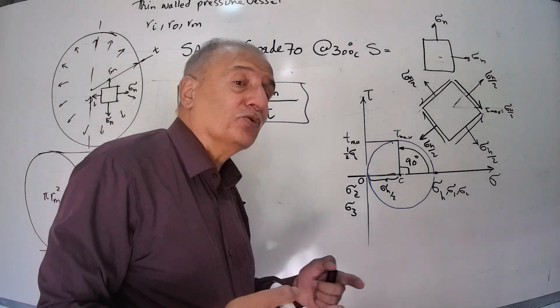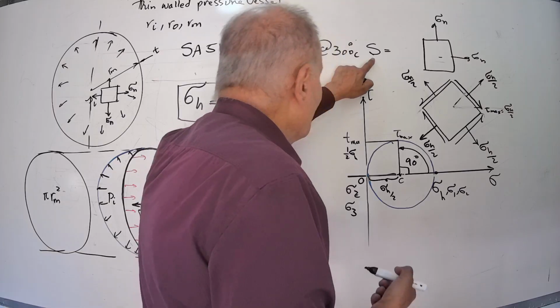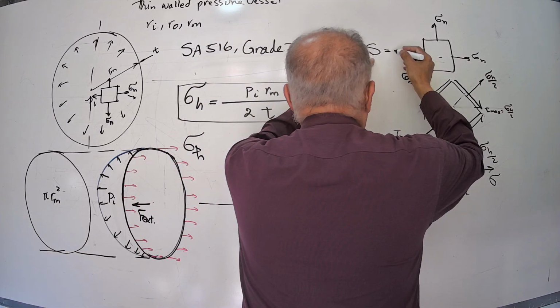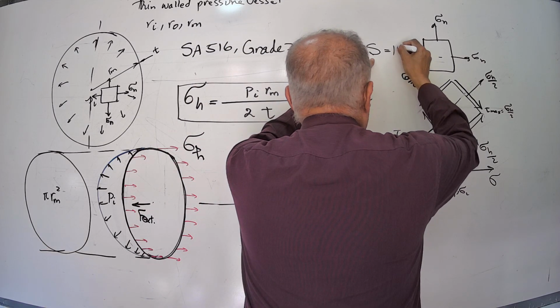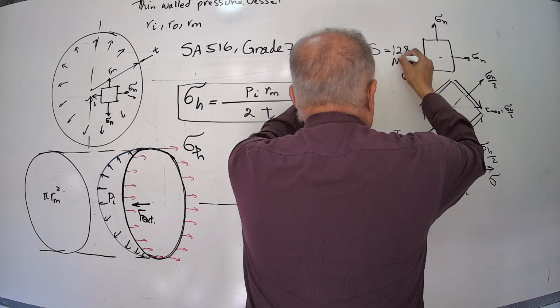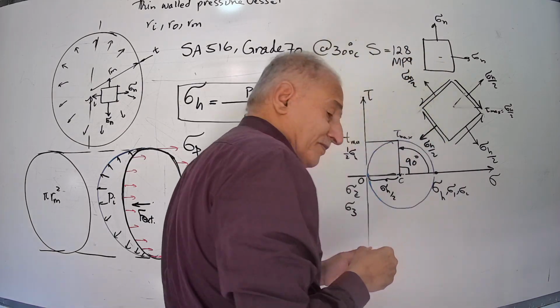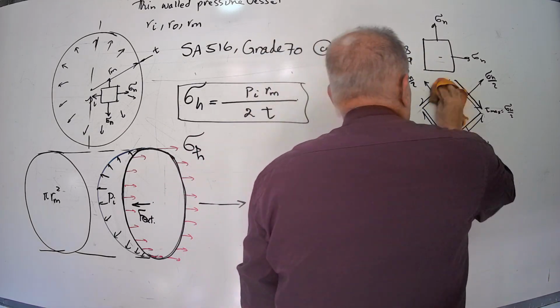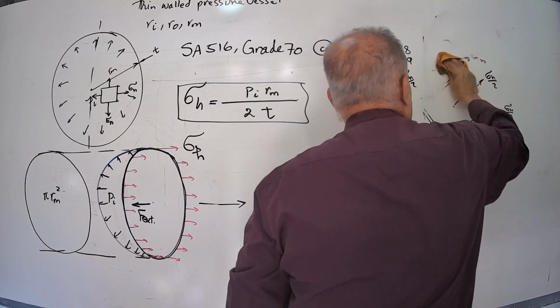We are not allowed to go more than that. This stress here, for example, at 300 degrees is 128 megapascal. Okay? Then we do not need this state of stress anymore.